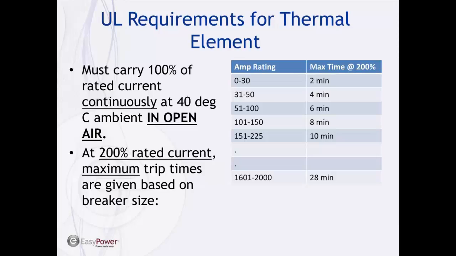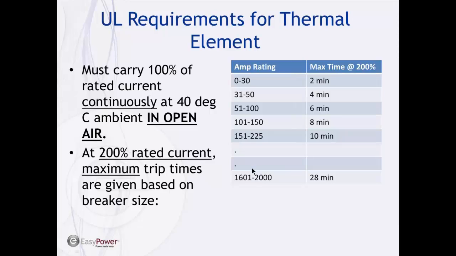But the kicker is that's in open air, which you're never going to encounter in your actual applications. So if I have a 100 amp breaker mounted in open air, it should carry 100 amps continuously forever without tripping. That's the one basic requirement.